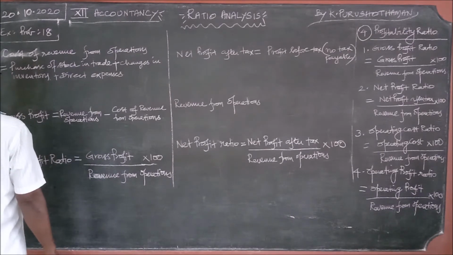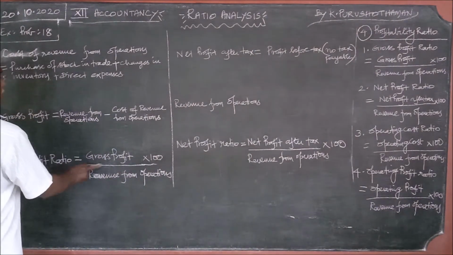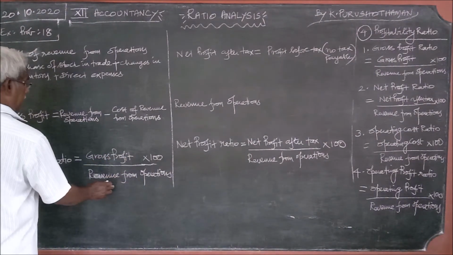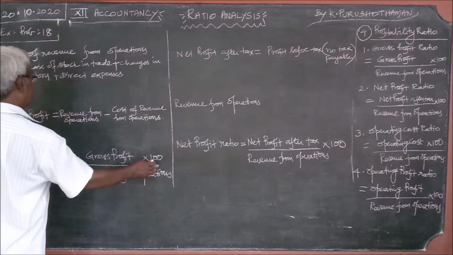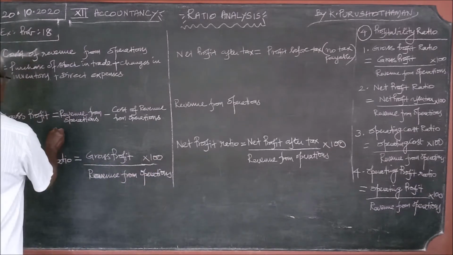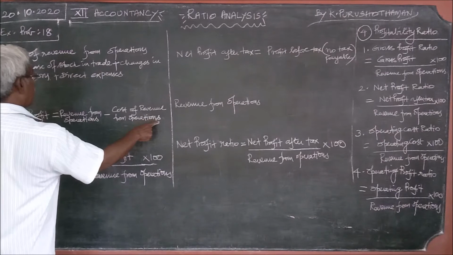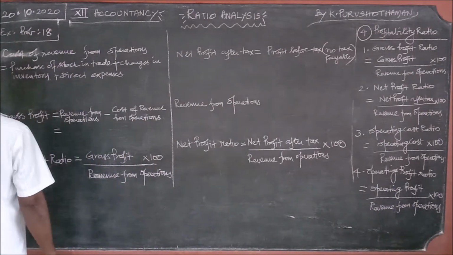What is gross profit ratio? Gross profit ratio is equal to gross profit by revenue from operations into 100. Gross profit is equal to revenue from operations minus cost of revenue from operations.